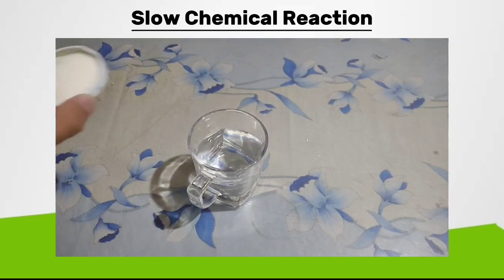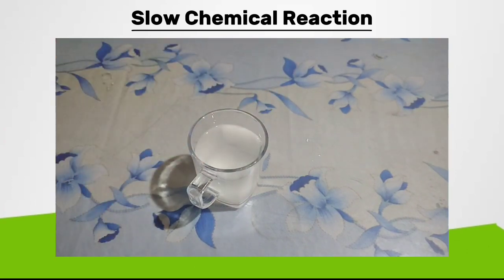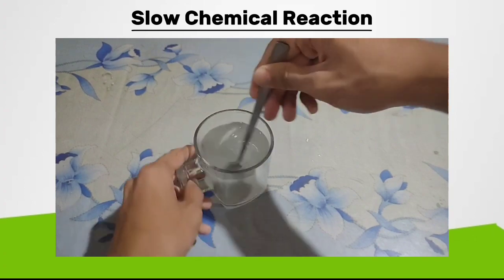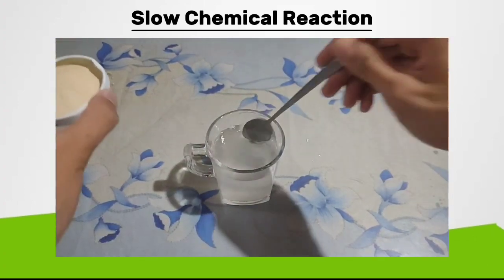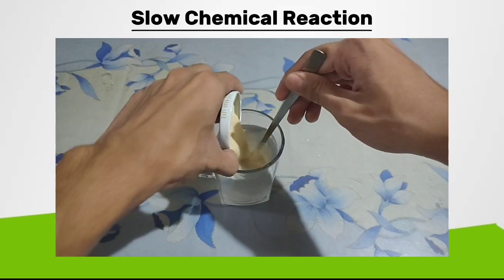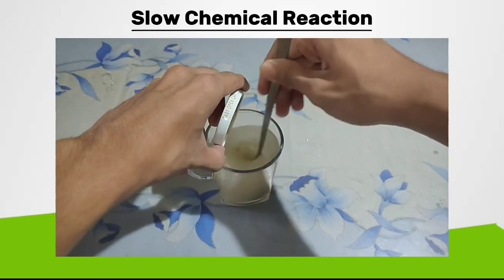Next is we mix sugar into the water and stir until it dissolves. After the sugar has dissolved, mix in the yeast and stir until no clumps are visible.